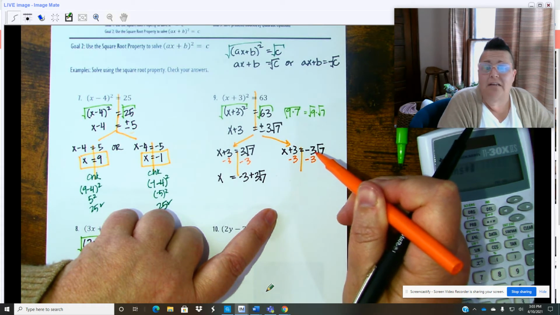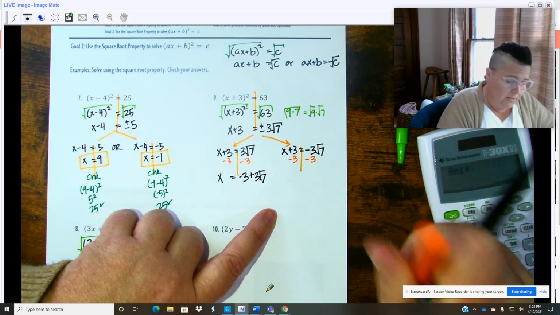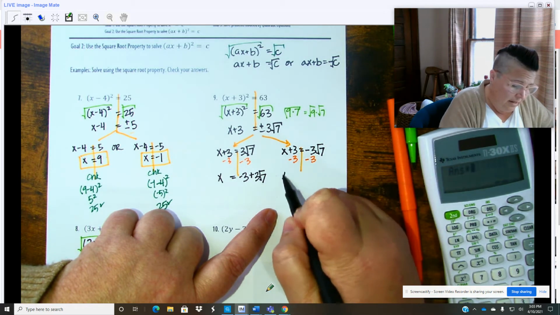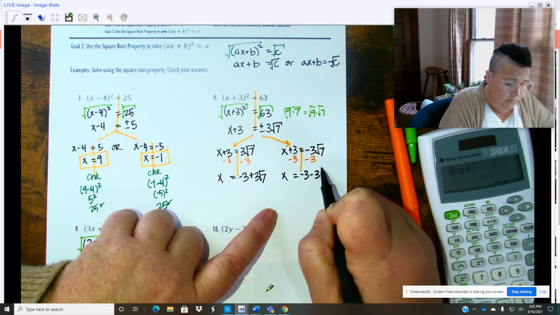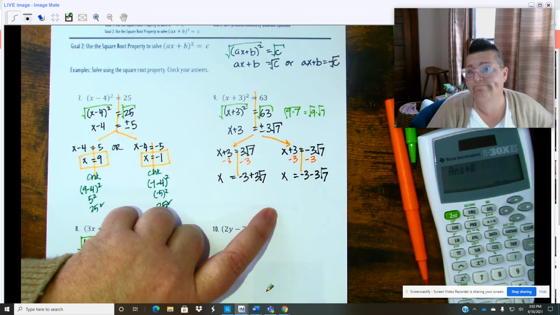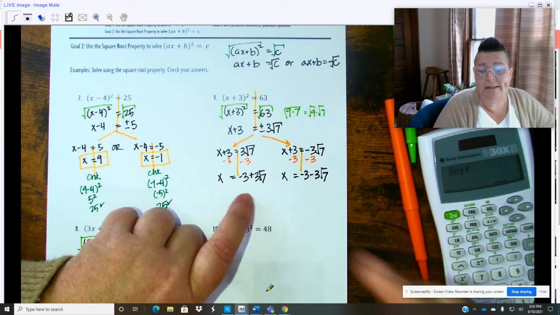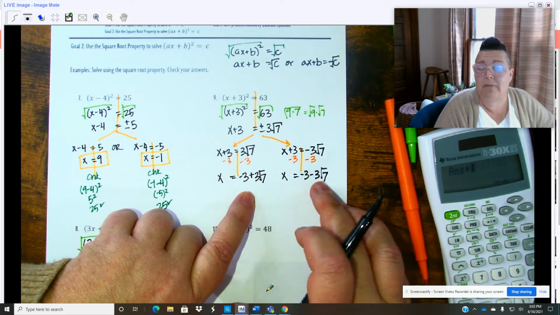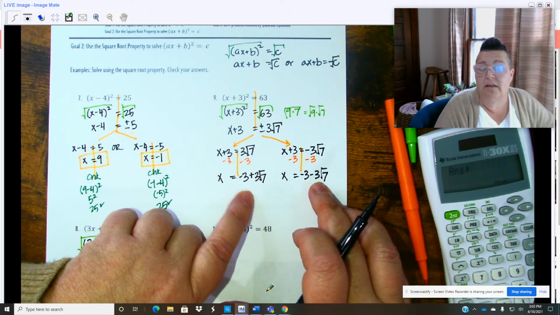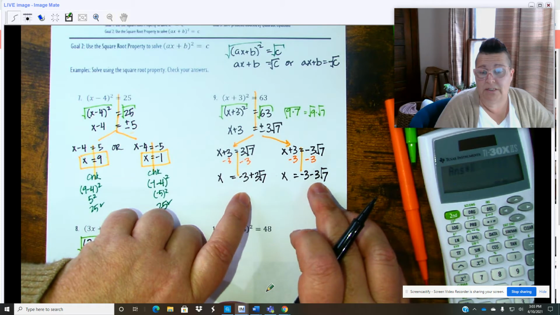We're not dividing, we're subtracting. So this would be x equal to negative 3 minus 3 square roots of 7. Okay, I still have 2 answers. I have a negative 3 plus 3 square roots of 7, and I have a negative 3 minus 3 square roots of 7. So I still end up with 2 solutions.